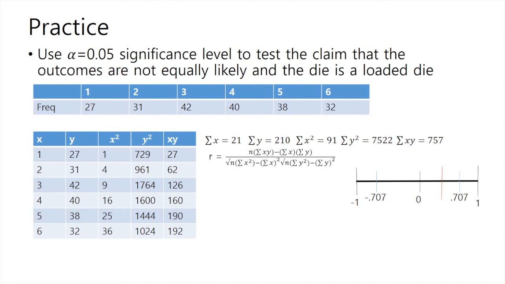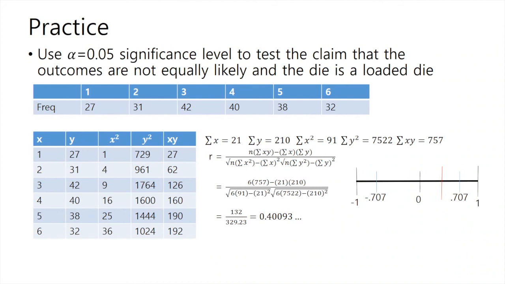Using the formula and inserting the sum of x, sum of y, sum of x squared, sum of y squared, and sum of xy into the formula, we'll get that r equals 132 over 329.23, which is 0.40093, and so on.